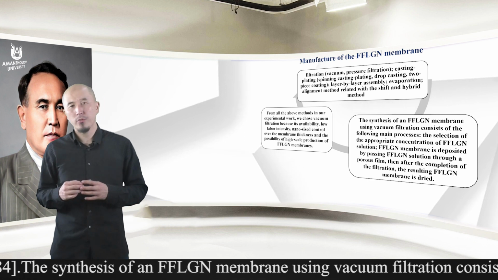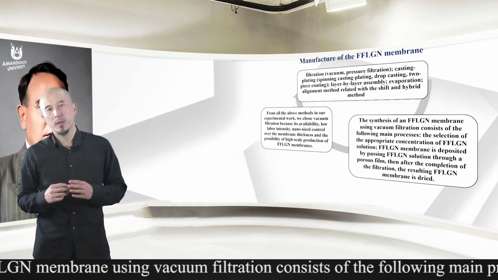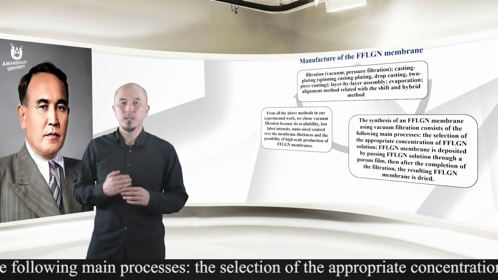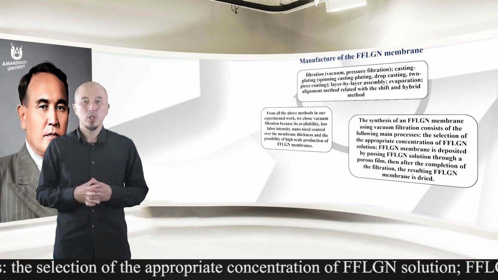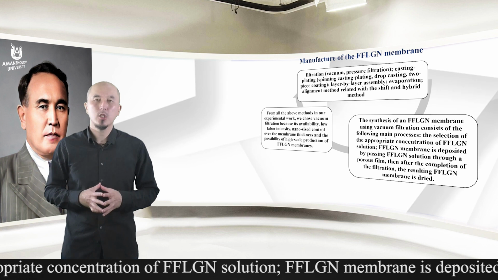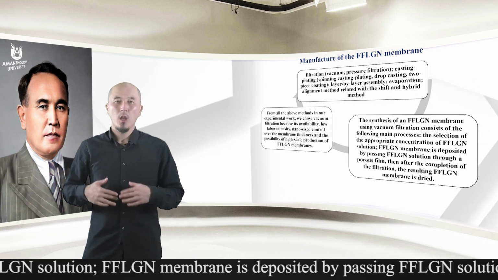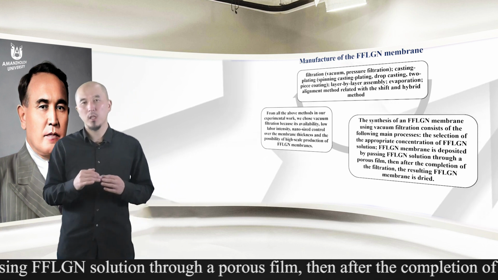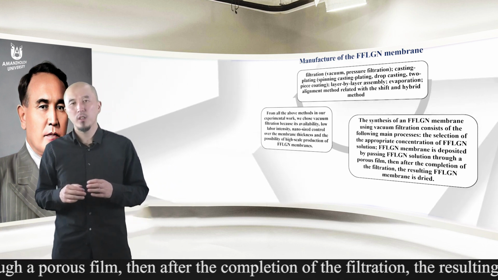The synthesis of an FFLGN membrane using vacuum filtration consists of the following main processes: the selection of the appropriate concentration of FFLGN solution. Then the FFLGN membrane is deposited by passing the FFLGN solution through a porous film.